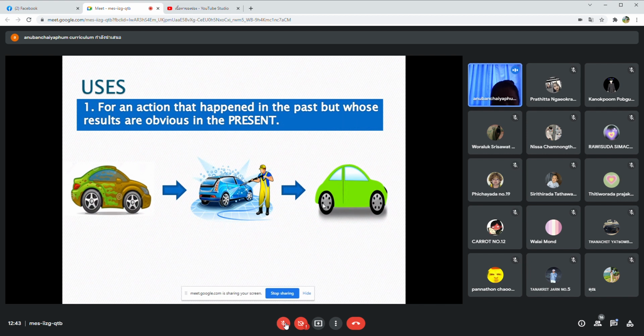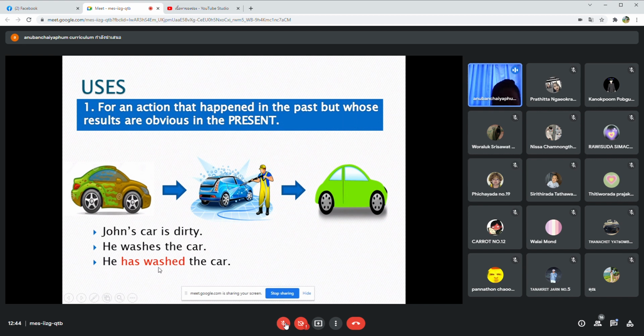If we put a sentence on the three pictures, the first picture is John's car is dirty. The second picture, he washes the car. The third picture, the sentence would be, he has washed the car.